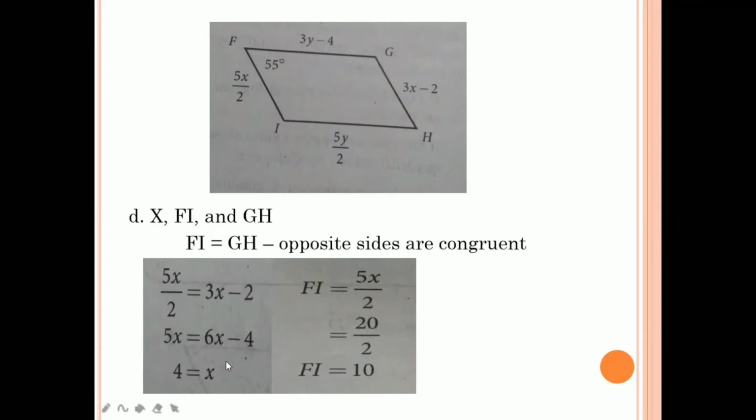So we multiply 5 times 4, which is 20, then over 2. So 20 divided by 2 is 10. That's why FI is equal to 10. Therefore, the segment GH is also equal to 10 because FI and GH are opposite sides and they are congruent.